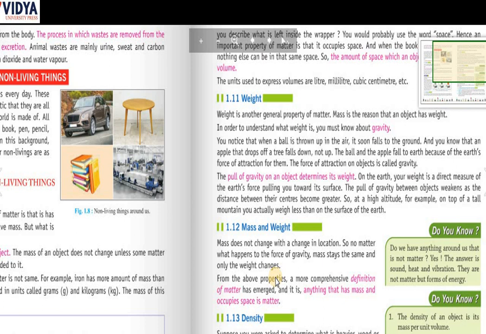So weight changes according to the location. So here is the final definition: anything that has mass and occupies space is called matter.